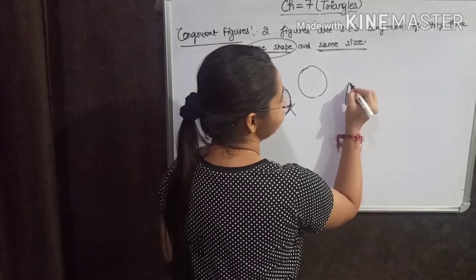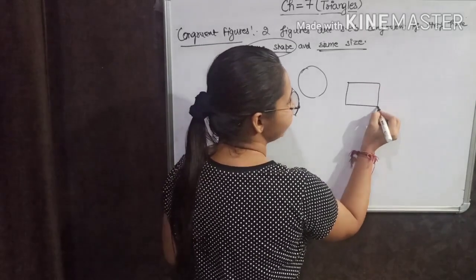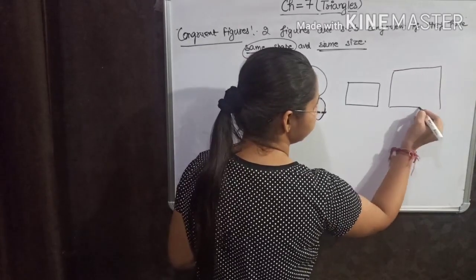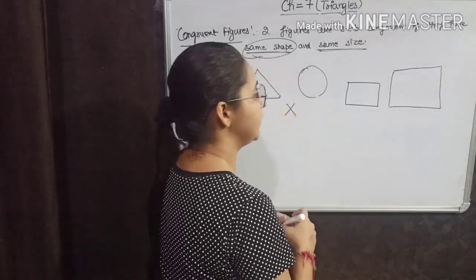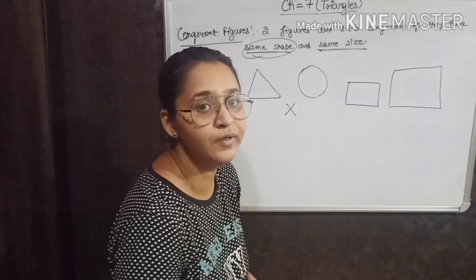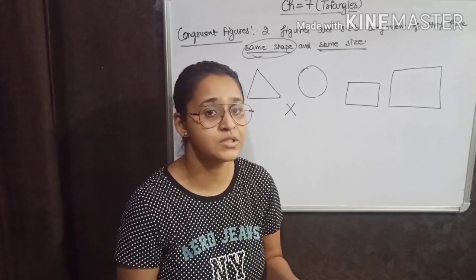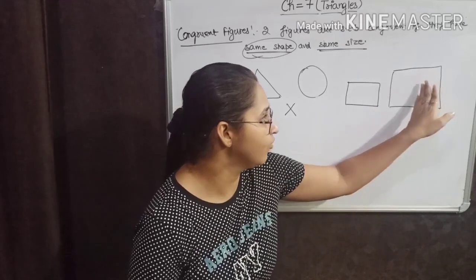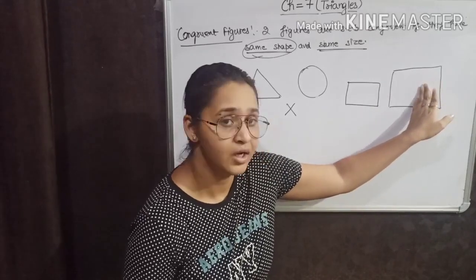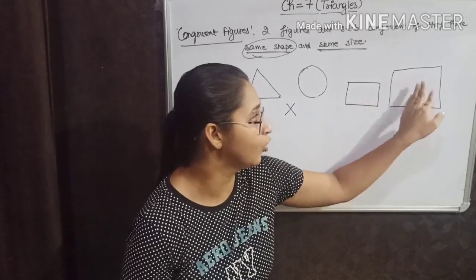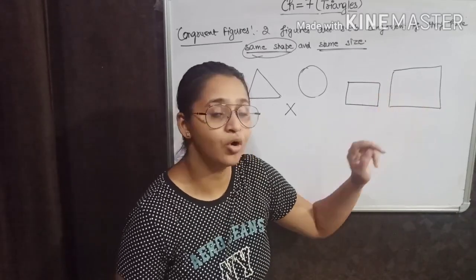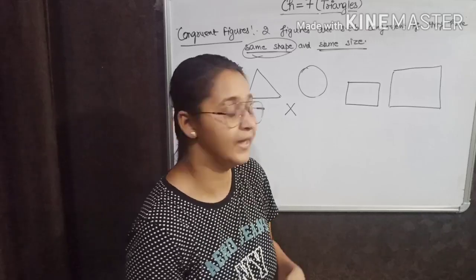If I say it is a first square, and it is a second square, now tell me, are these two figures congruent? Obviously no. Why? If I put the smaller square over the bigger square, will this be congruent or not? No. Why?